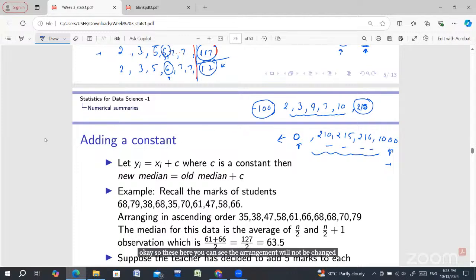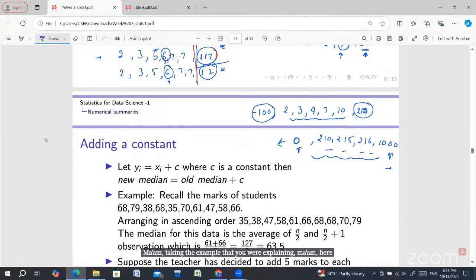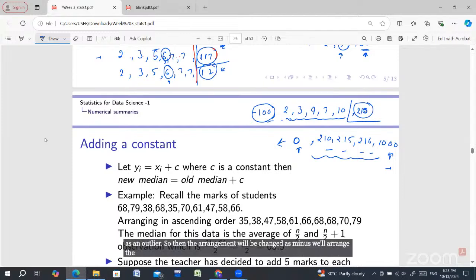Ma'am, taking the example that you were explaining, here the data available with us was 2, 3, 4, 7, 10, and 210, maybe. If I remove this 210 and take minus 100 as an outlier, then the arrangement will be changed: minus 100, then 2, 3, 4, 7, and 10.